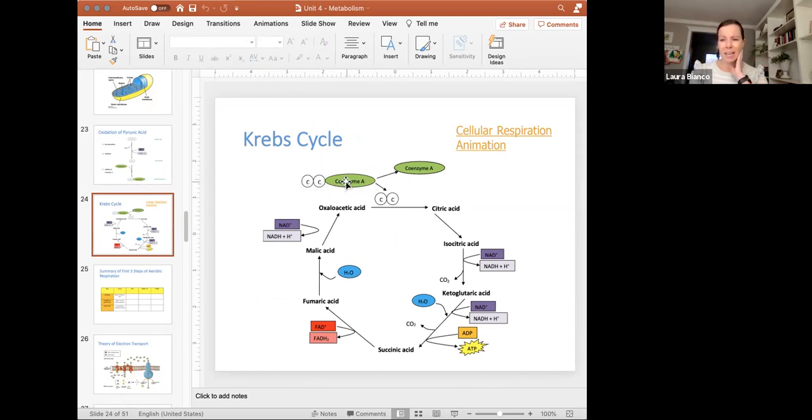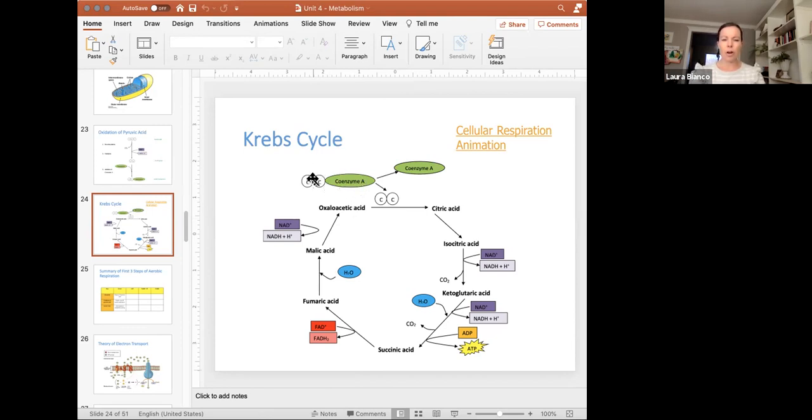So what happens is, actually, first of all, I should say that this is still occurring in the matrix of the mitochondria. So within the matrix, you already have oxaloacetic acid. That is an acid that is already present within the mitochondria.